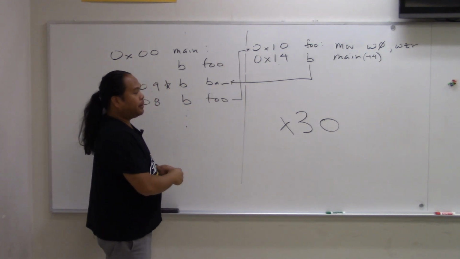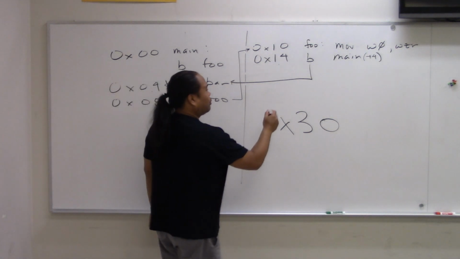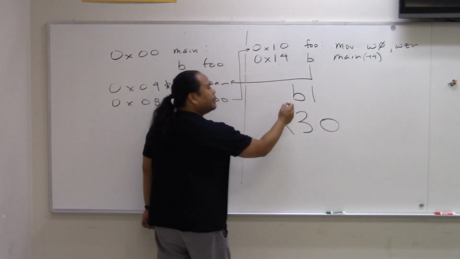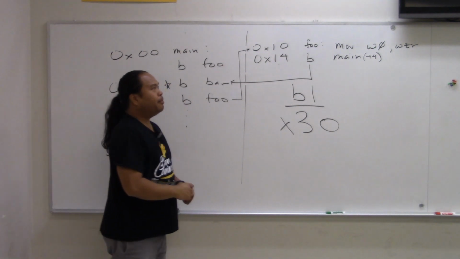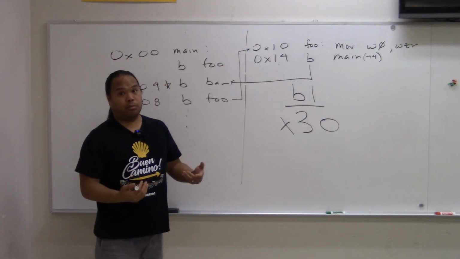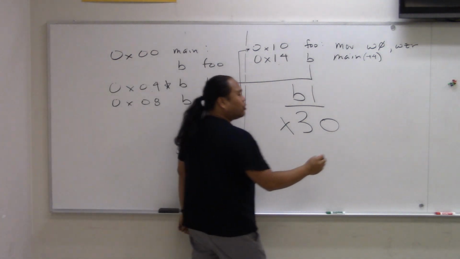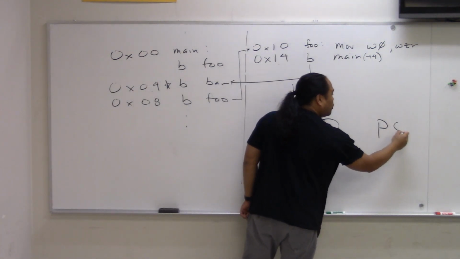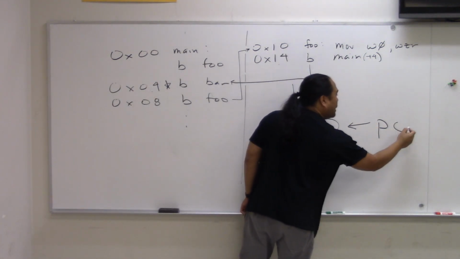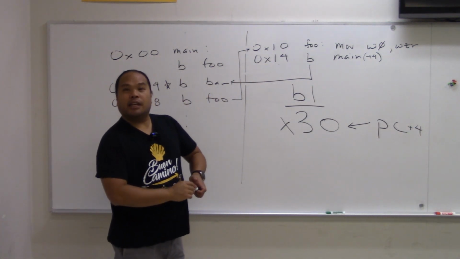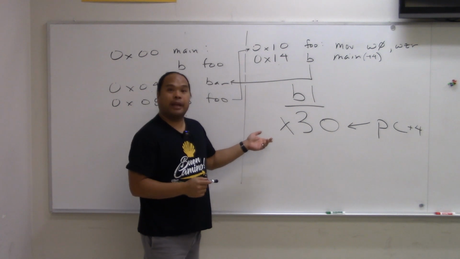This leads us to another instruction called branch and link, otherwise known as BL, all right? What does BL do? BL is an unconditional branch, just like B, but the difference is it will save the current program counter plus 4 into that register, x30.